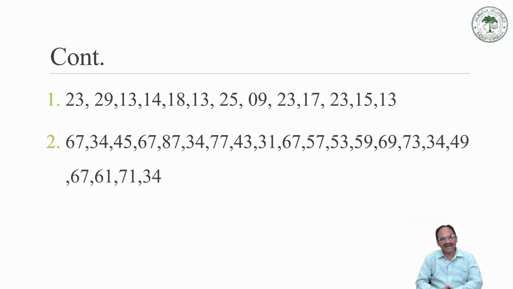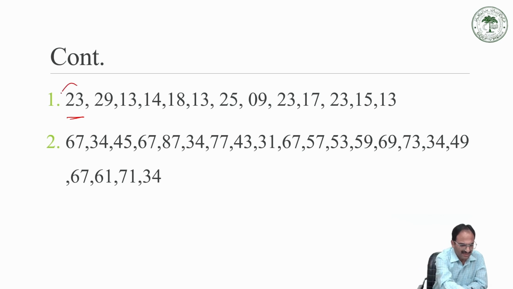You are required to calculate the mode for this data set. So what will you do? Definitely you will see which number has the highest frequency, or in other words, which number is repeating maximum times. You see 23 is such a number which is repeating maximum times.